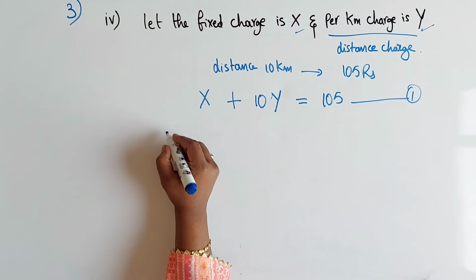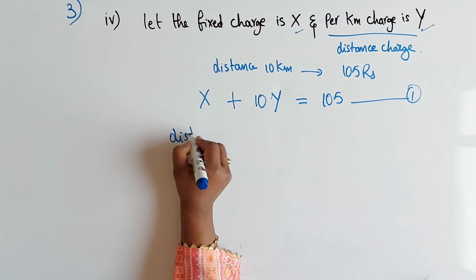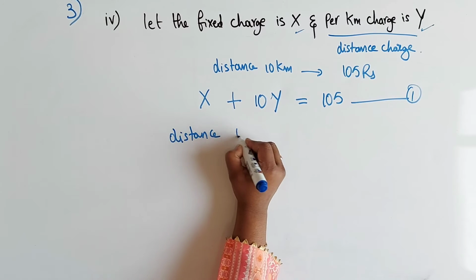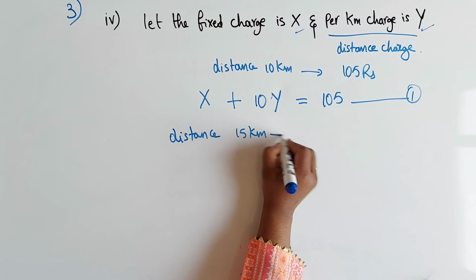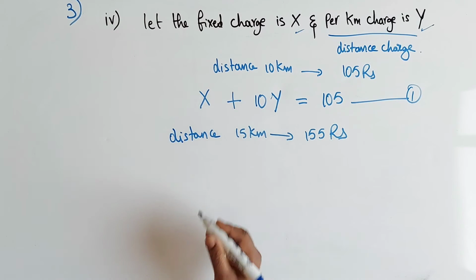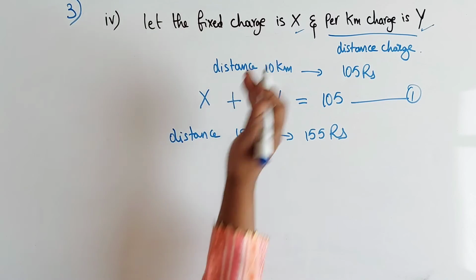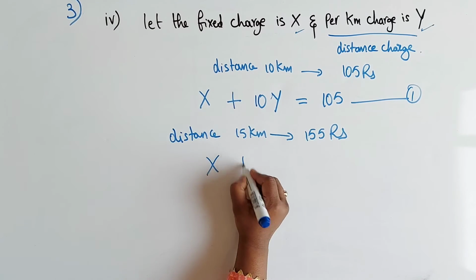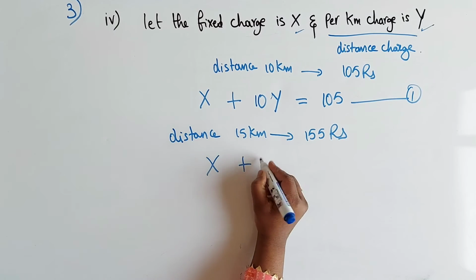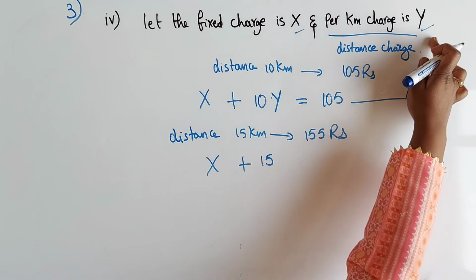Now the second one, a journey of 15 kilometers. That means the distance is 15 kilometers. For that they paid 155 rupees. So here also we have to pay the fixed charge. That is compulsory. So write x plus what is the distance? 15 kilometers and the per kilometer charge is y.